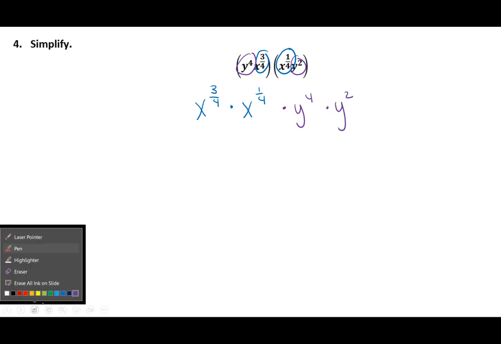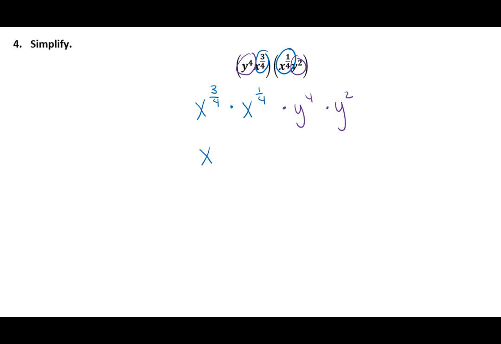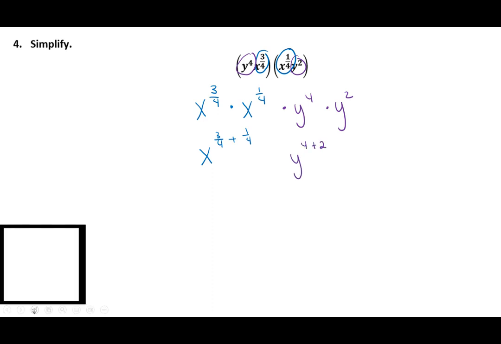So here you just add the exponents. X 3 over 4 plus 1 over 4, y to the 4 plus 2, add exponents.